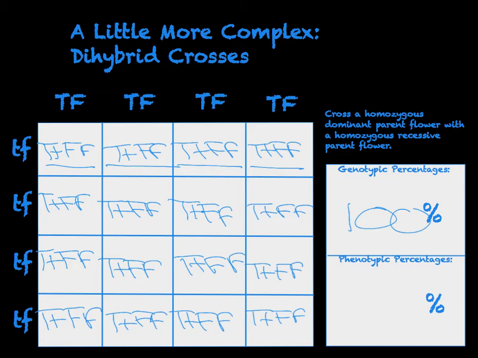So dominant for T was tall, and dominant for F was purple. So they're all going to be tall and purple. So that is 100% tall and purple. And that is how you fill in a dihybrid Punnett square. So that sums up Punnett squares.